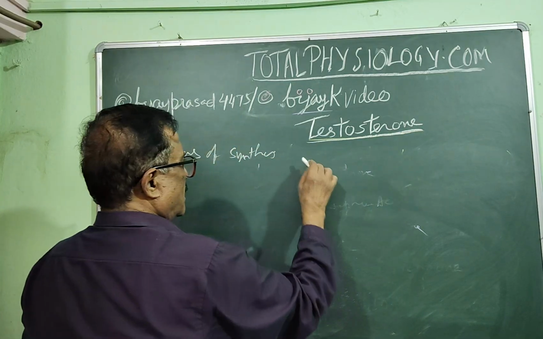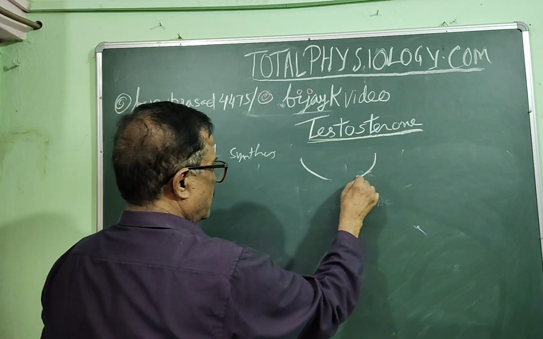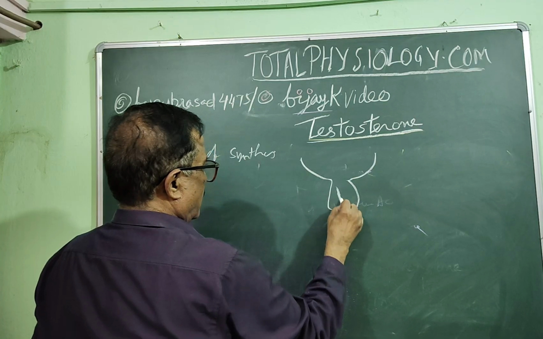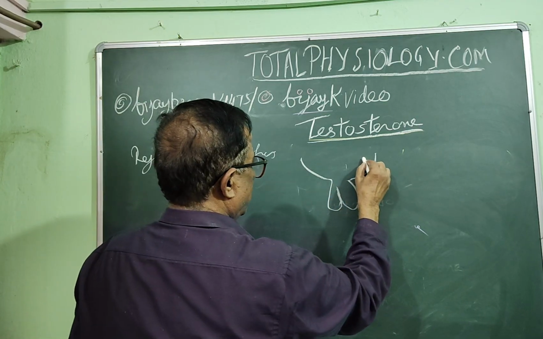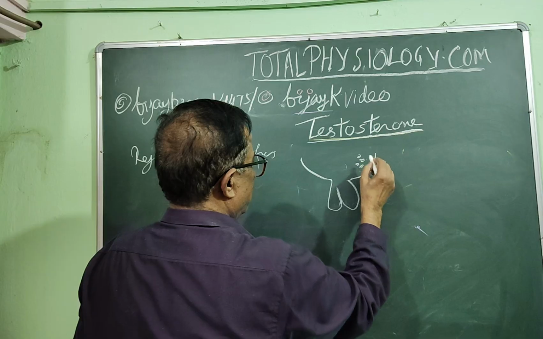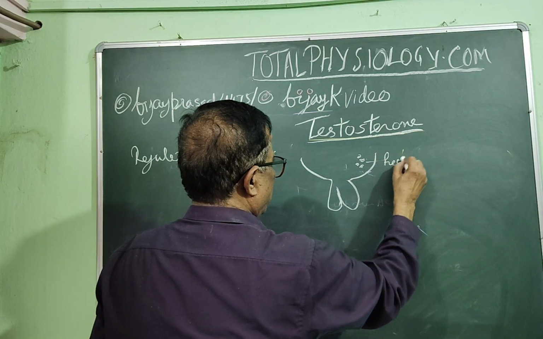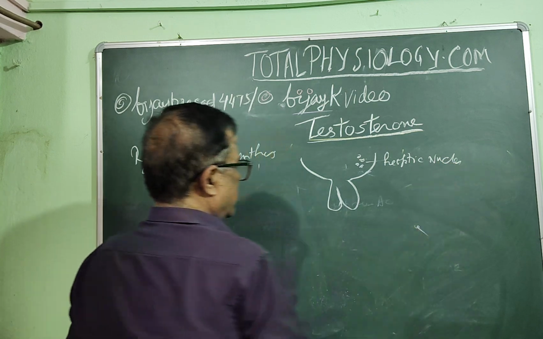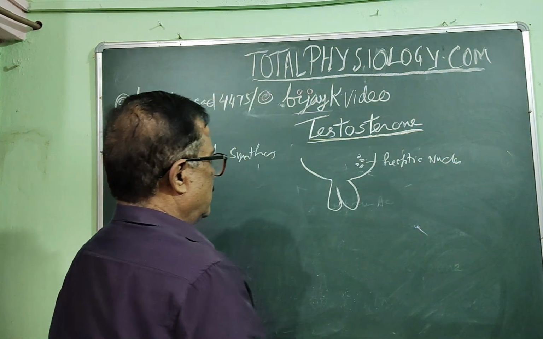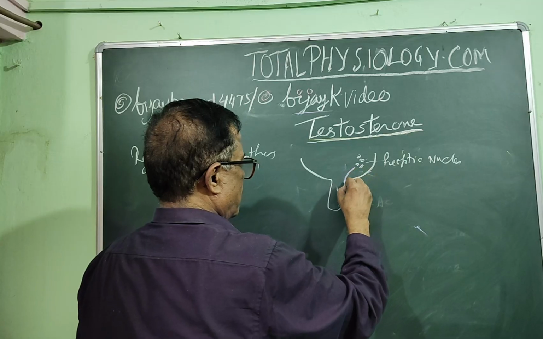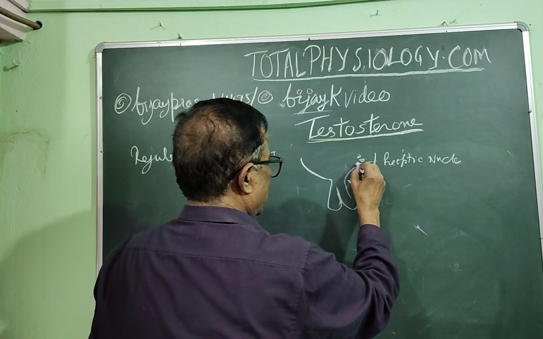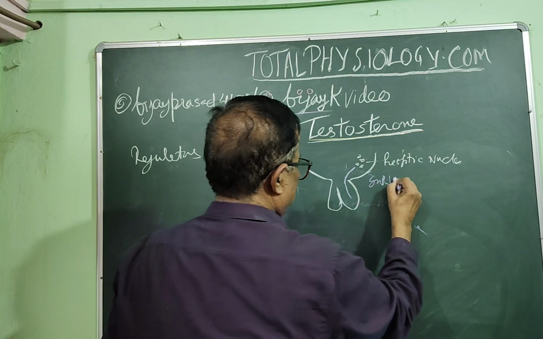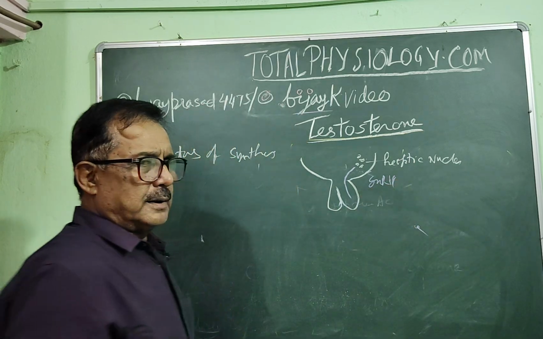From the hypothalamus, the preoptic nucleus releases GnRH, that is gonadotropin releasing hormone.